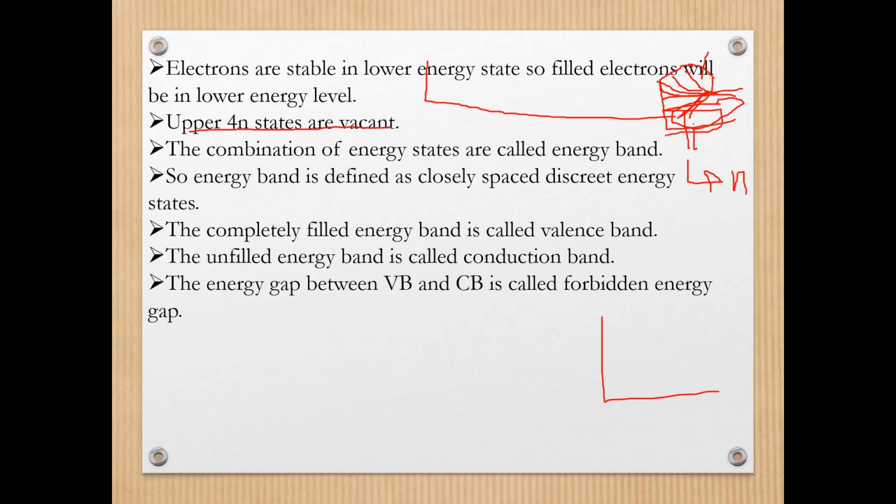These filled energy states are represented in this space as the valence band, and the unfilled energy states are represented by the conduction band.